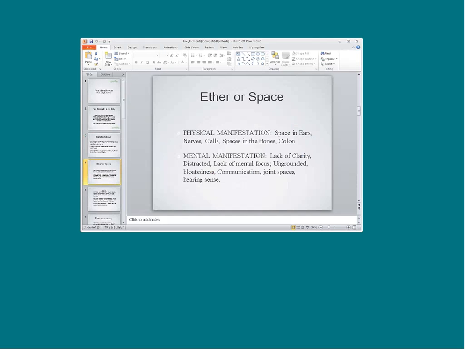And the really important thing is the space between these components, how they vibrate. Vibration is a function of space. It's a function of movement within space. The nerves, these are also a manifestation of space in the body. The cells, the spaces in the bones, and the space in the colon.